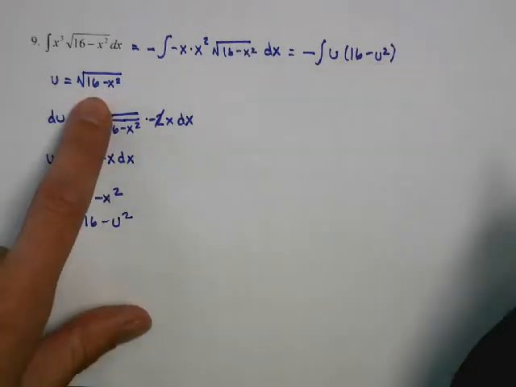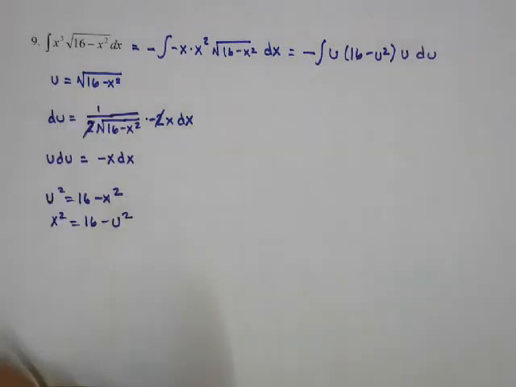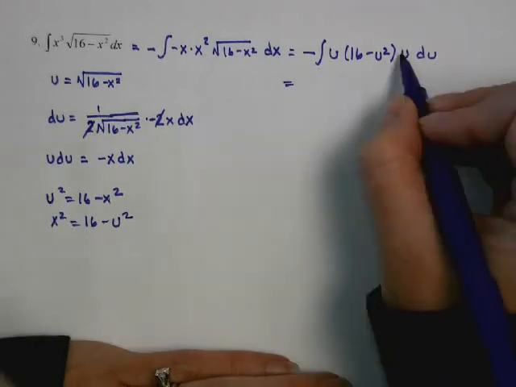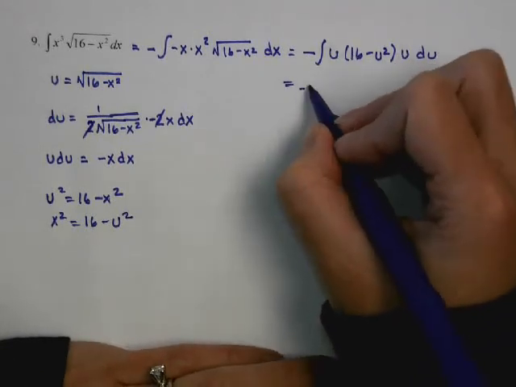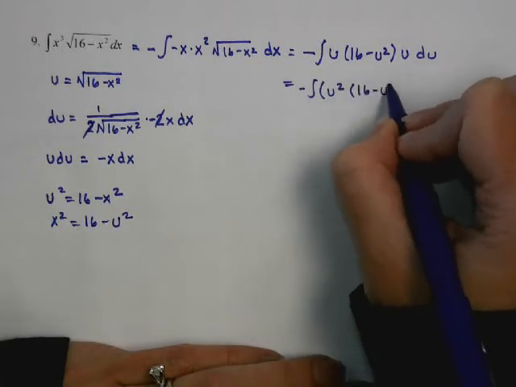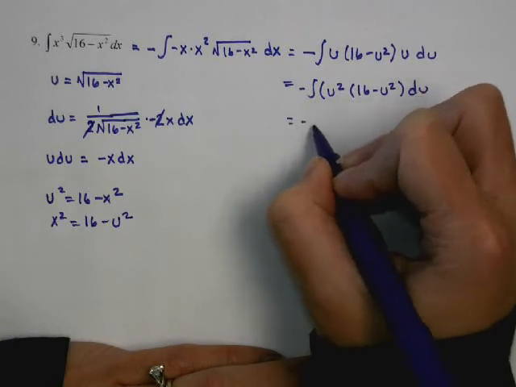The square root of 16 minus x squared is u. So again, what did this get us? Multiply the u and the u. So we have a negative u squared times 16 minus u squared. Distribute that in.